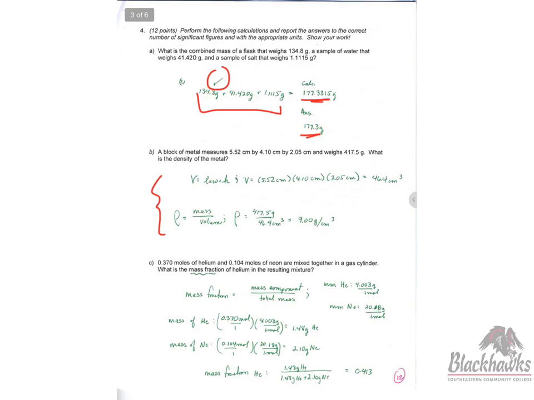But again, we round to 3 significant figures. So you actually end up with 8.99 something, in a number that's greater than 5. So that rounds up to 9.00 grams per cubic centimeter.